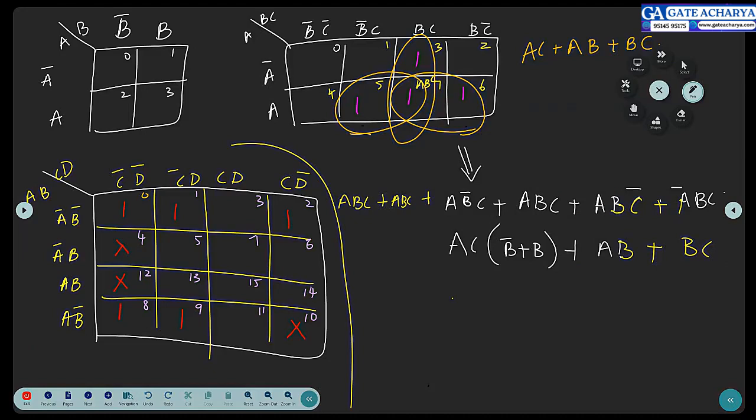Try to reduce it. Don't care means it is either 1 or 0. It is up to the user to choose 1 or 0.